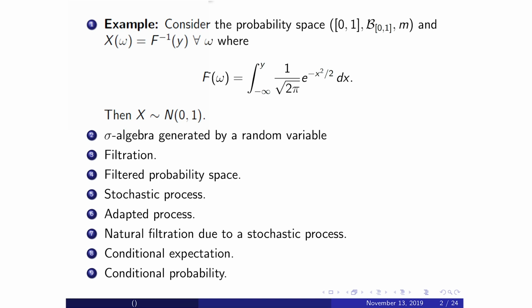So, when I say X, I mean f inverse of omega. Sorry, here it should be omega, but here y. So, f inverse of omega is less than or equal to y. That would imply that omega is less than or equal to f of y. Why? Because f here is a monotonic function, it is invertible.